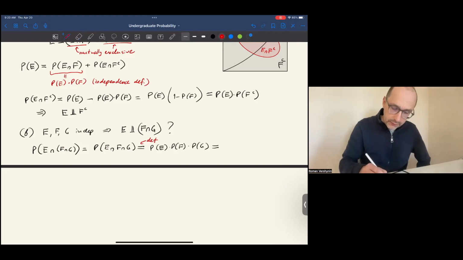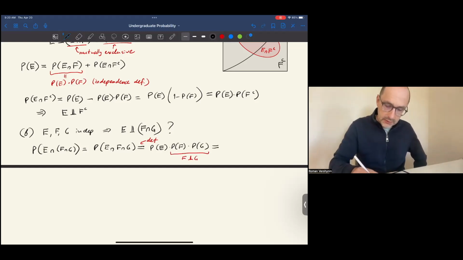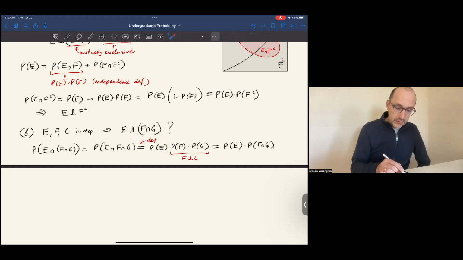Next, we can use that F and G are independent. And by definition, that means that their product of probabilities is the probability of their intersection. So we proved that E is independent of this event because the probability of their intersection equals the product of their probabilities.